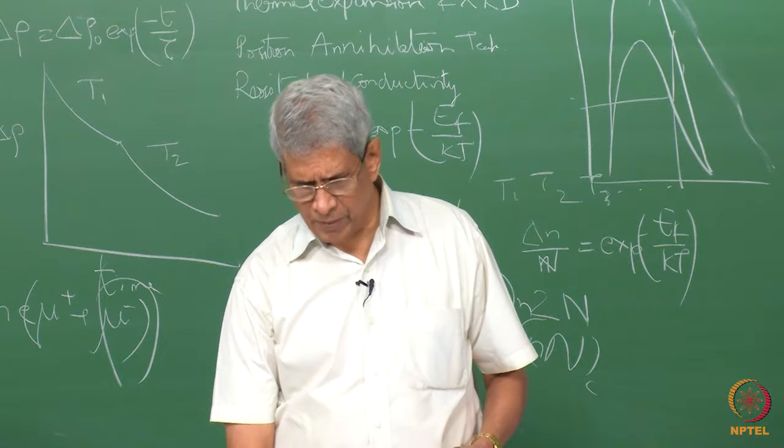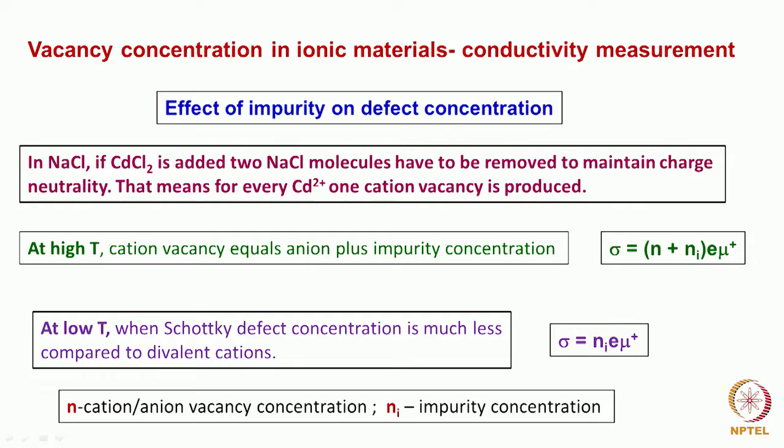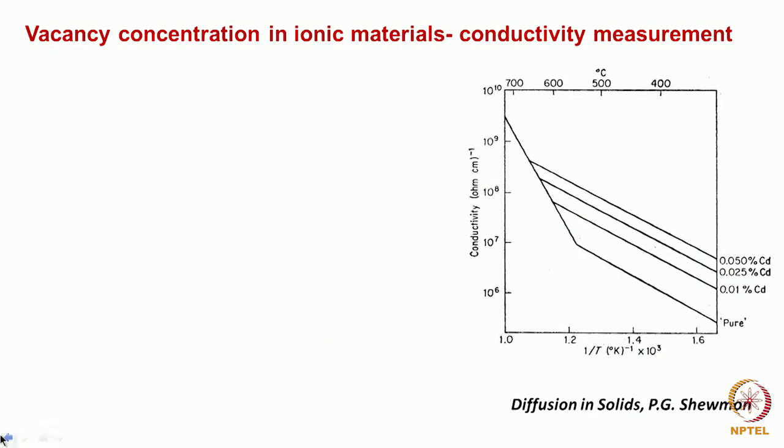And mobility depends upon the temperature. Okay. If we do a plot of conductivity versus 1 by T, then this is the nature of the plot which we normally get.